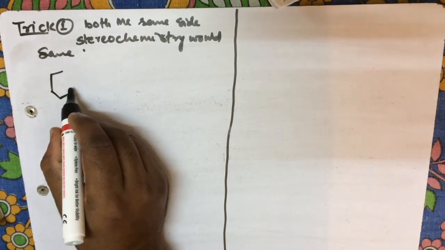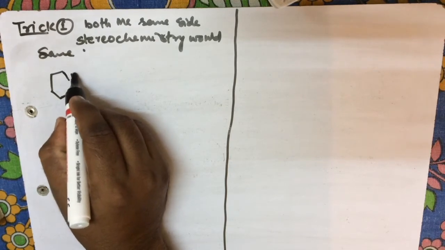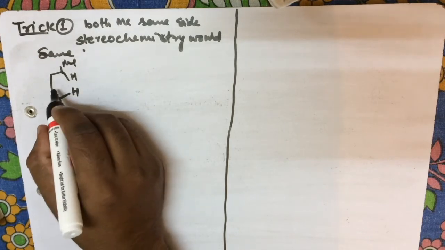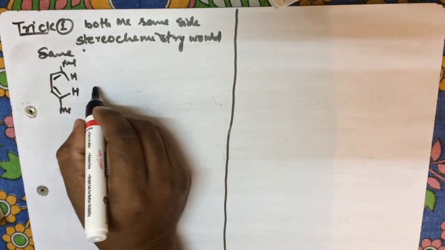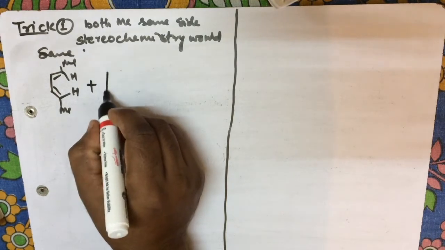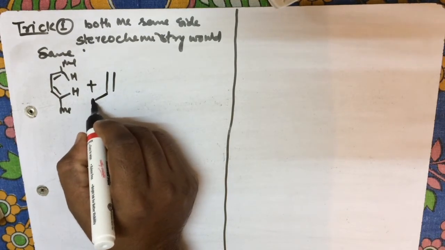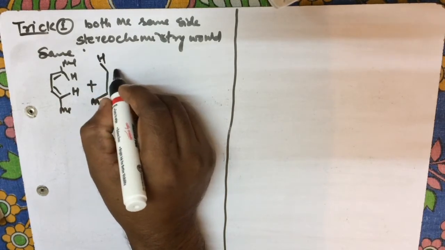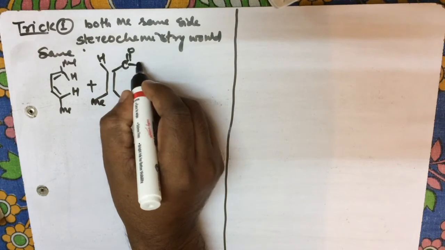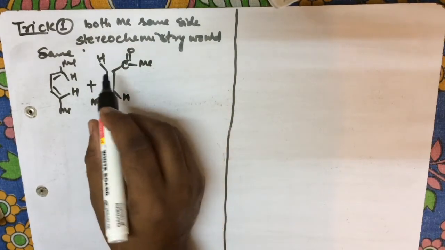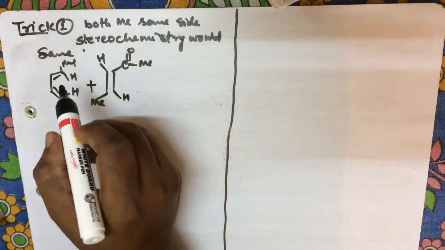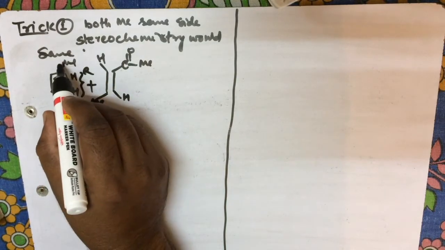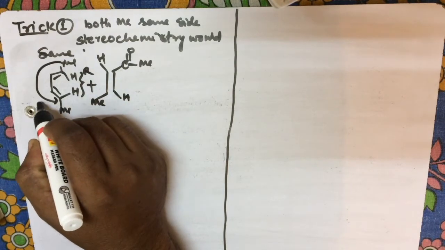Example: here H, here methyl, and this is a double bond, and this reacts with this. This is just this CO carbonyl methyl. So what I am saying here is that both hydrogens are on the right side, and both methyl groups are on the left side.